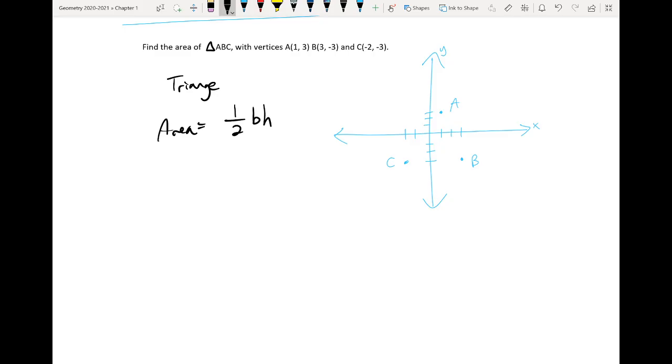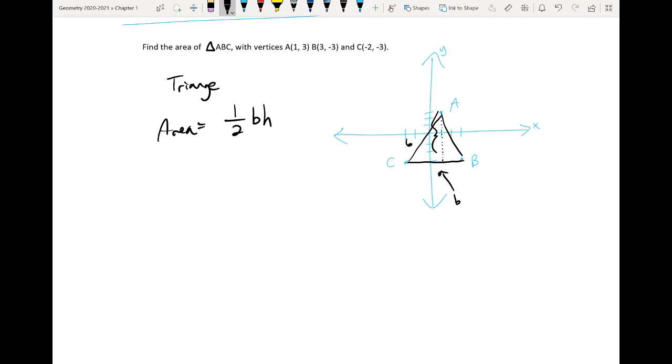So, if I were to graph this, right here is going to be my base. The height is what I need to figure out. Effectively through a counting principle, we just know that this length right here is going to be 6.